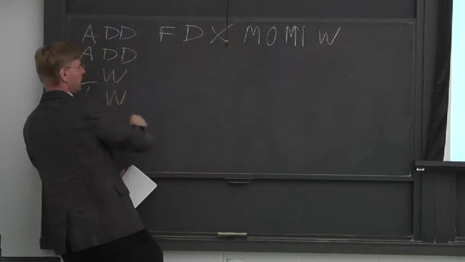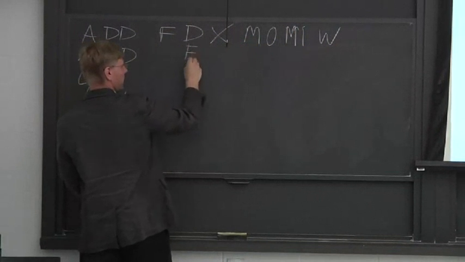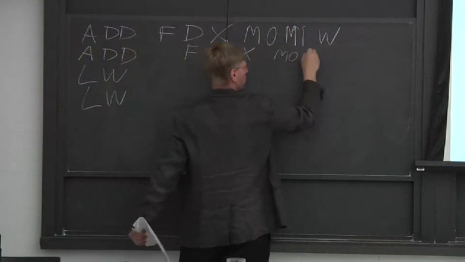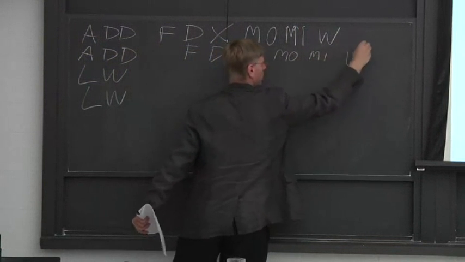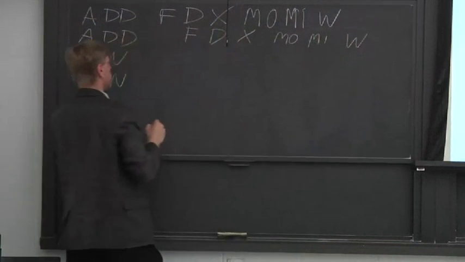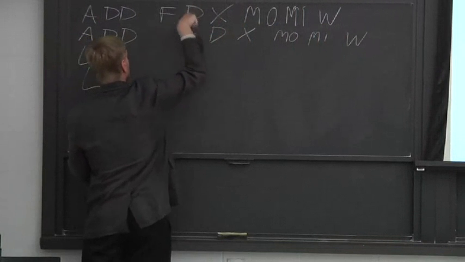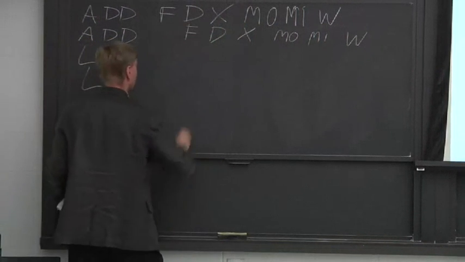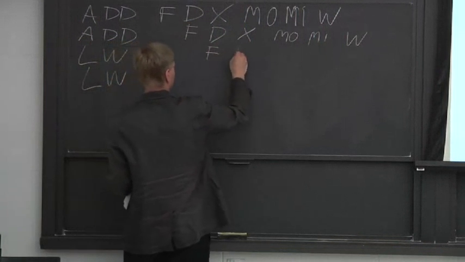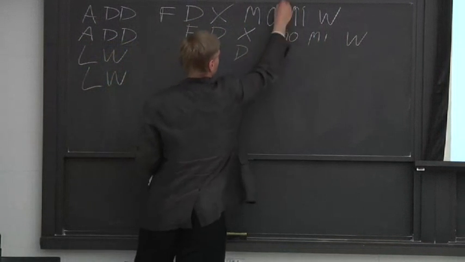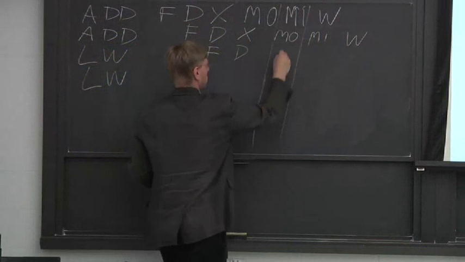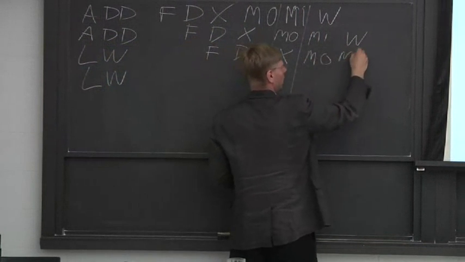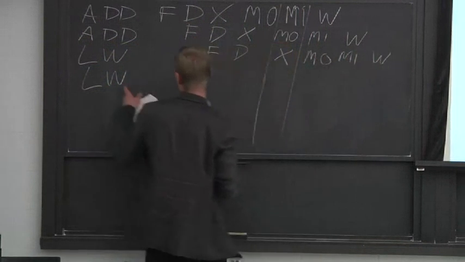OK, so the second add is going to start flowing down the pipe, and it's going to be in the fetch stage, decode, execute, M0, M1, write back. Then we're going to have the load. We're just going to go fetch, decode, execute, M0, M1, write back.